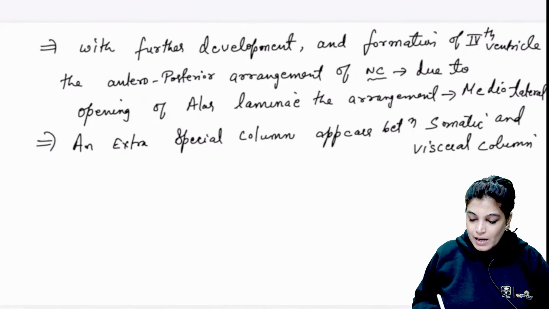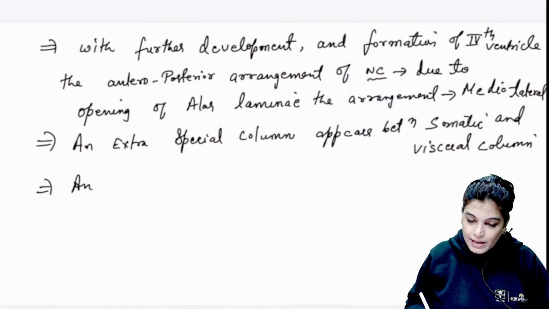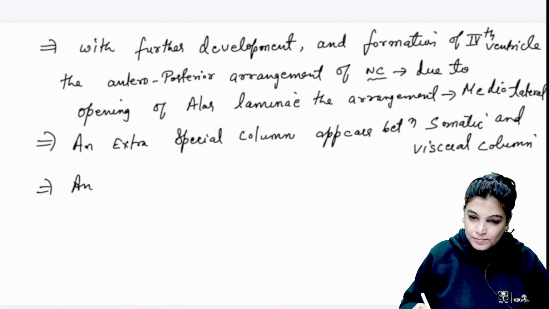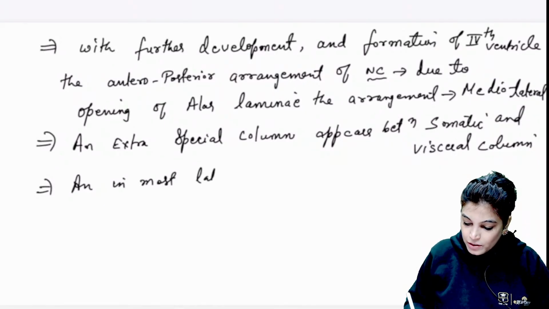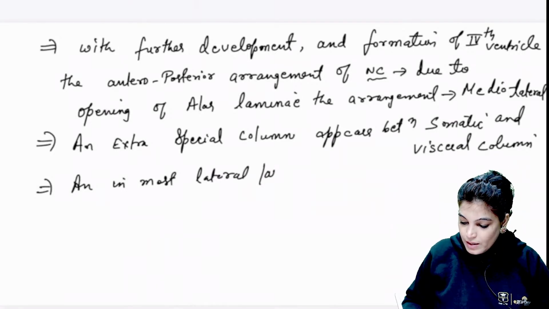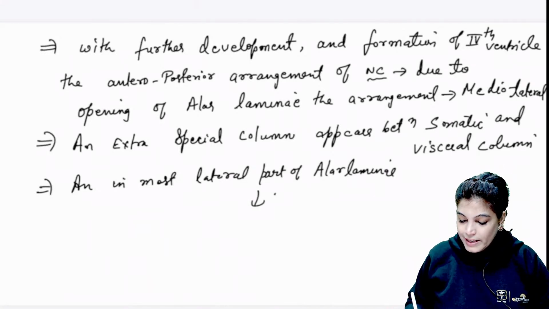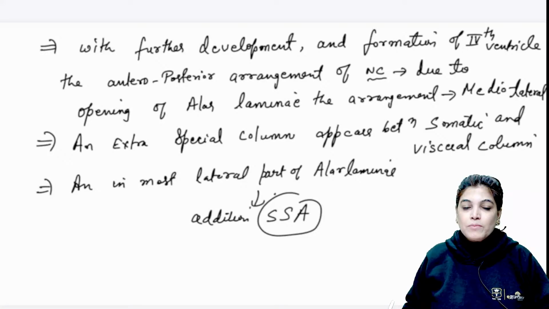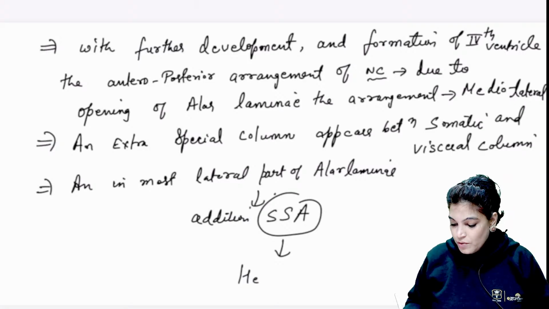And one important point, in the most lateral part of the alar laminae, there is addition of special somatic afferent for the purpose of special sensation, for the sensation of hearing and balance.